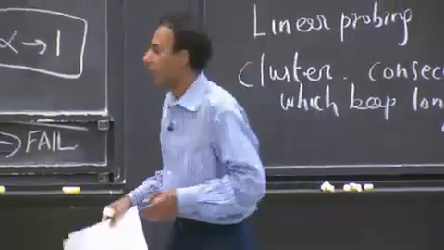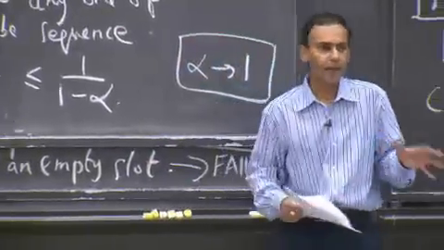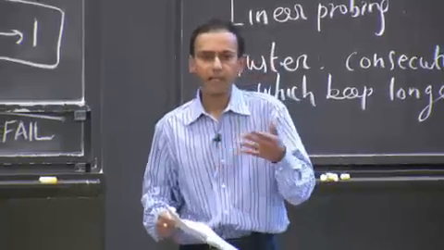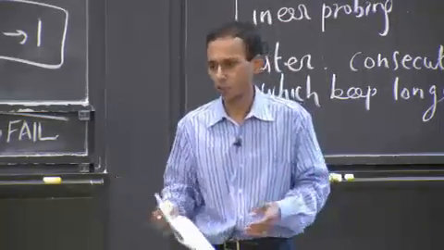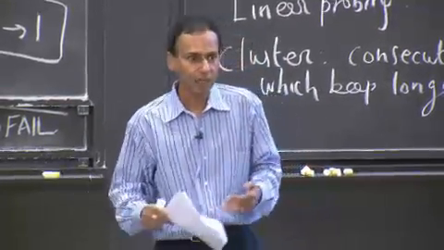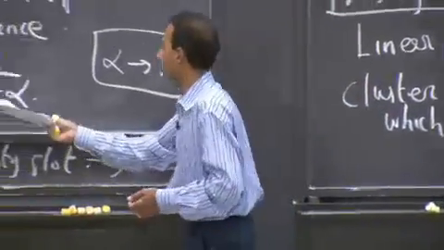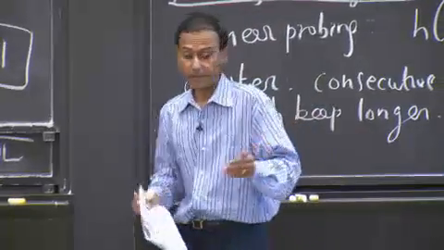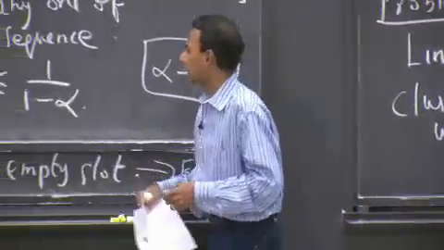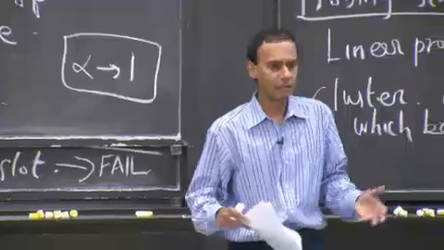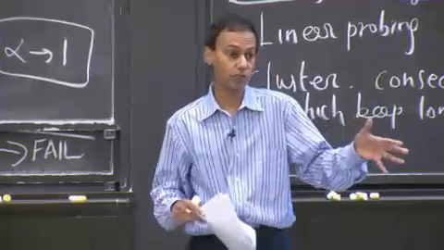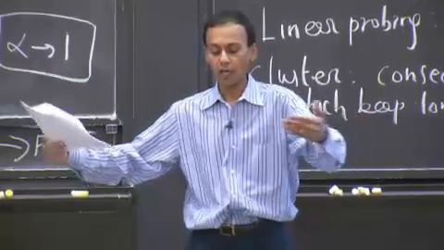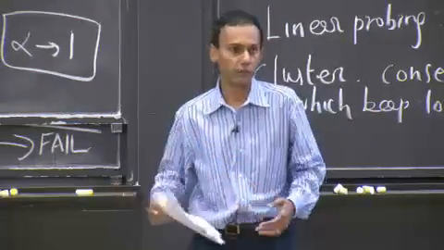So you really want alpha to be fairly small, and in practice, it turns out that you have to resize your open addressing table when alpha gets beyond about 0.5, 0.6 or so, all right? Because by then, you're really in trouble. Remember, this is an average case that we're talking about. All of this is using a probabilistic assumption, but as you get to high alphas, suddenly, by the time you get to 0.7, open addressing doesn't work well in relation to an equivalent table with the overall number of slots that correspond to a chaining table.